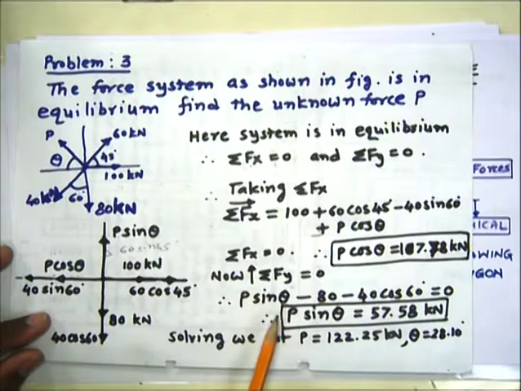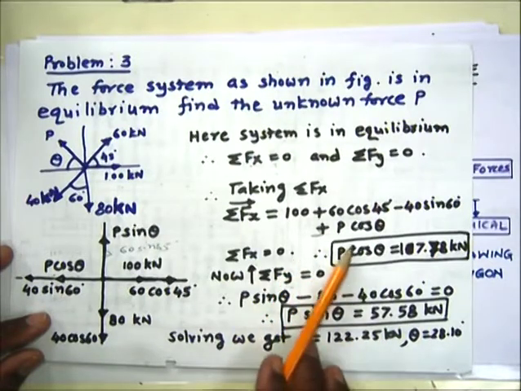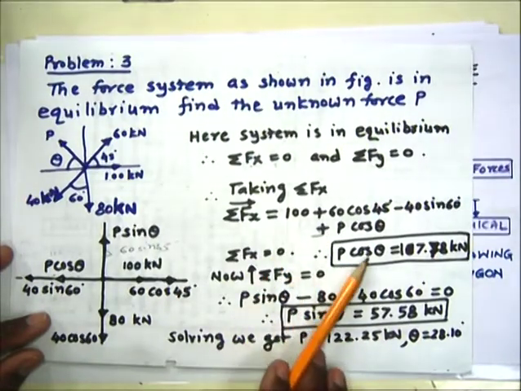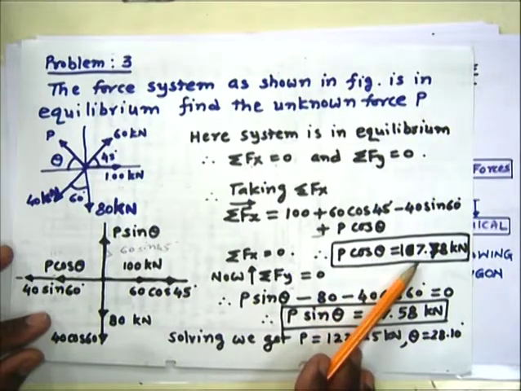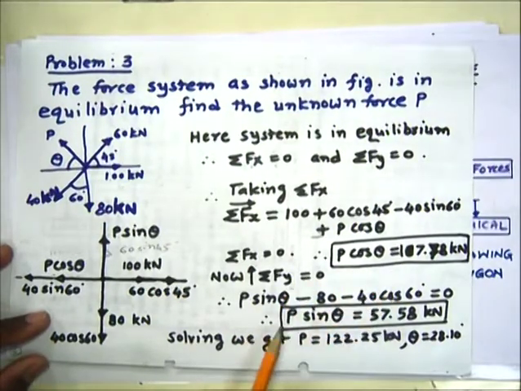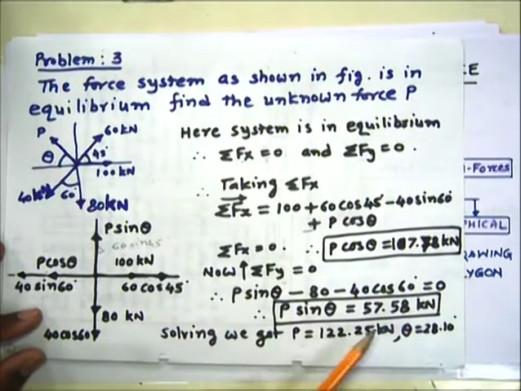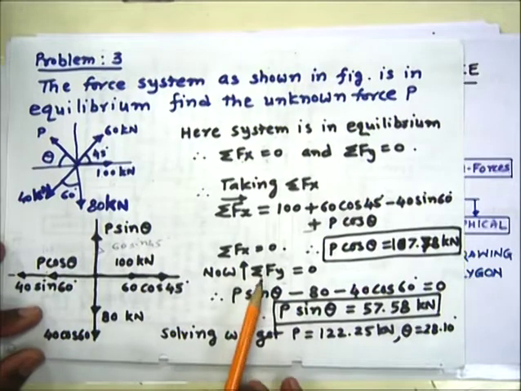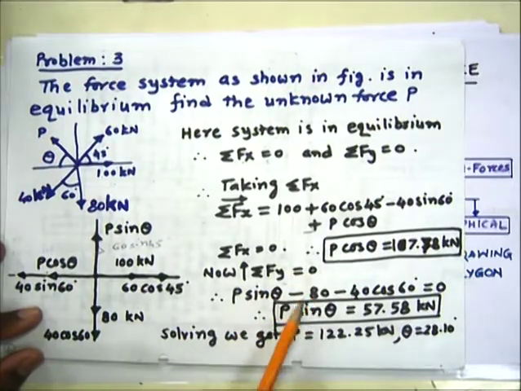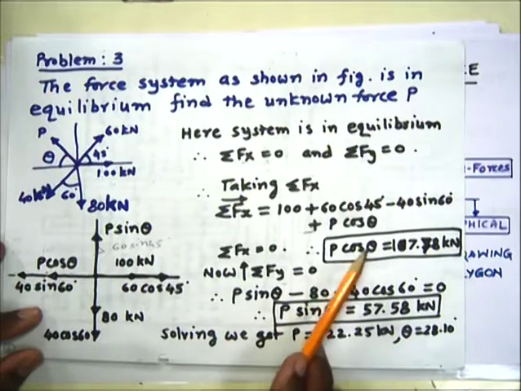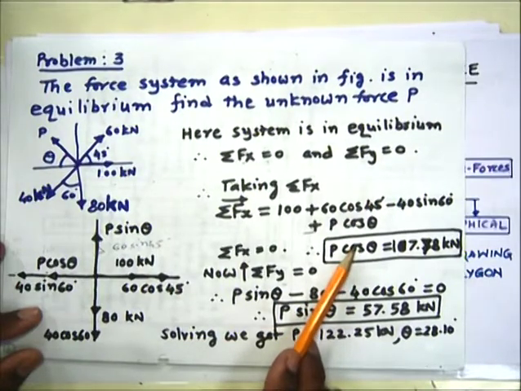So we will get P sin theta is equal to 57.58 here, and from the condition sigma Fx we got P cos theta is equal to this value. On solving these two we will get P equal to 122.25 kN, and theta as 28.10 degrees. This is how we got it: dividing one equation by the other.